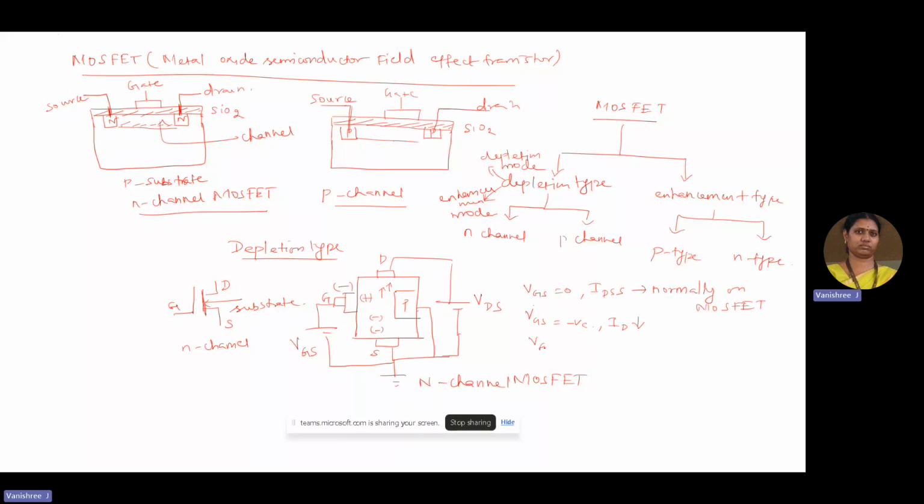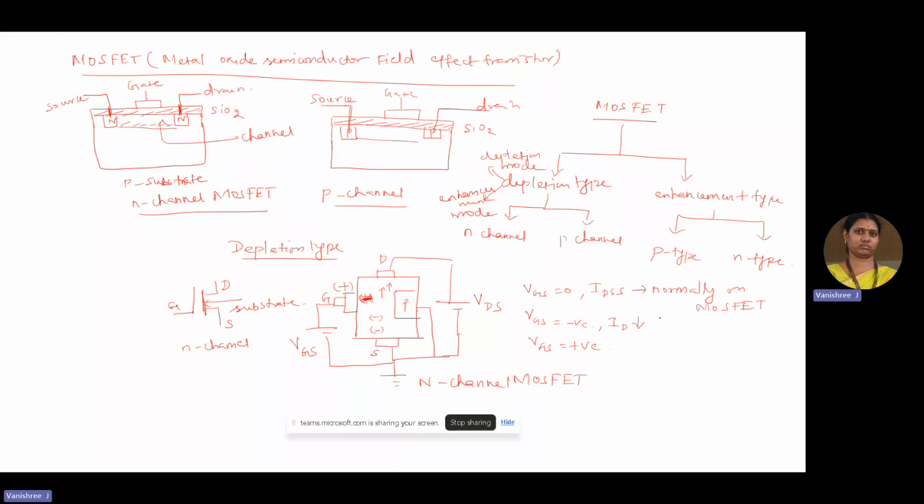When the gate source voltage is positive, if one plate of the capacitor is positive, then obviously the other plate will be negatively charged, due to which negatively charged carriers are induced internally in addition to the charge carriers released by the source. So there is an enhancement in the charge carriers, thereby increasing the magnitude of the drain current.